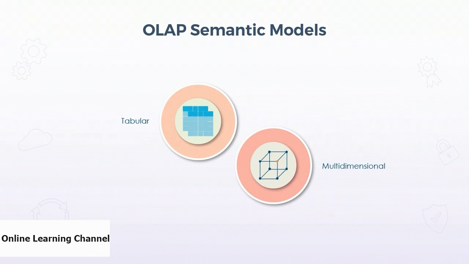We also have multidimensional. That uses traditional OLAP modeling that we've always heard before, like cubes, dimensions, and measures. So multidimensional is more traditional. Tabular kind of brings in some of the relational data advantages along with some of the multidimensional advantages as well. So it's more of a newer offering.